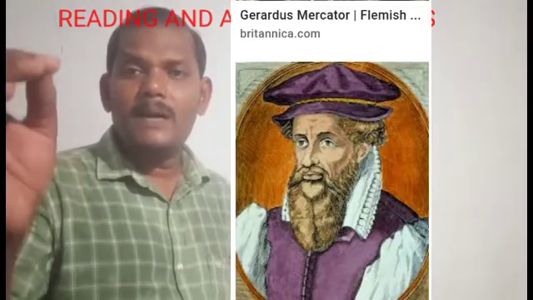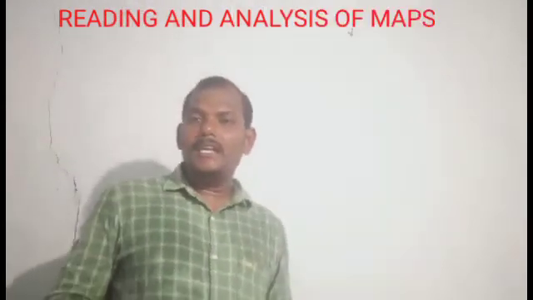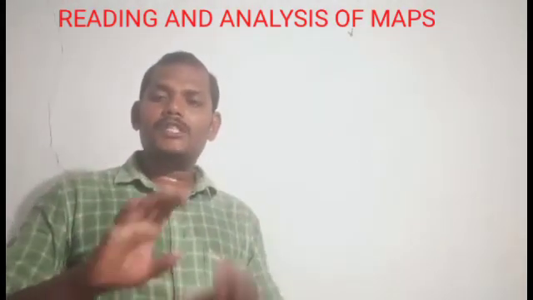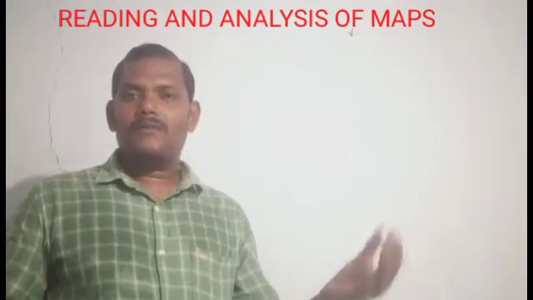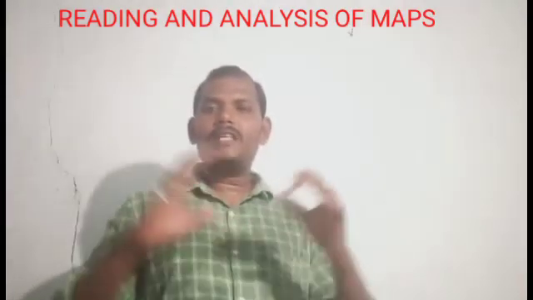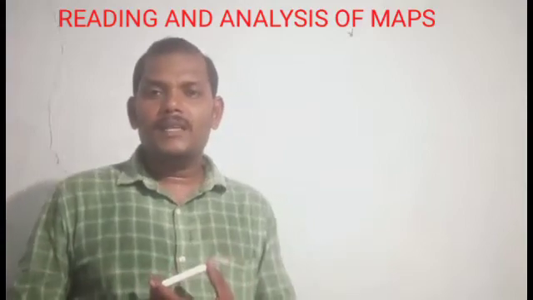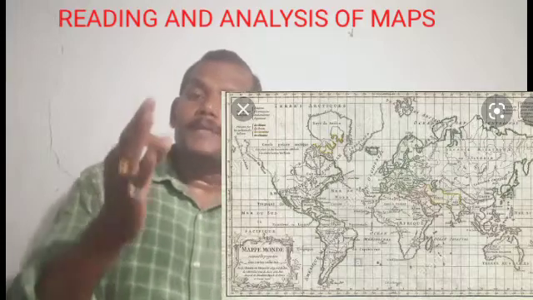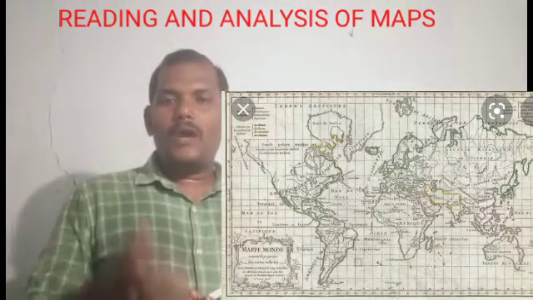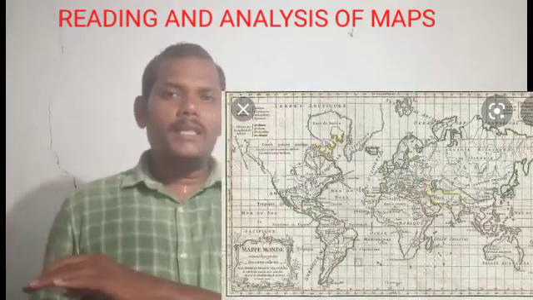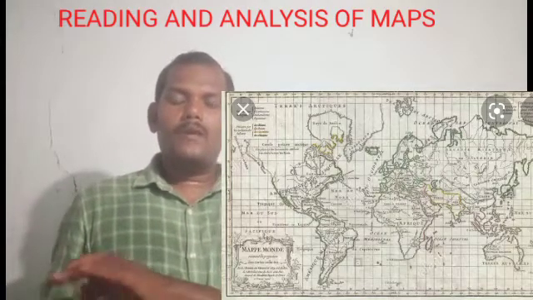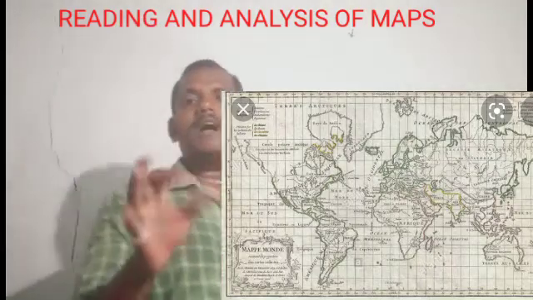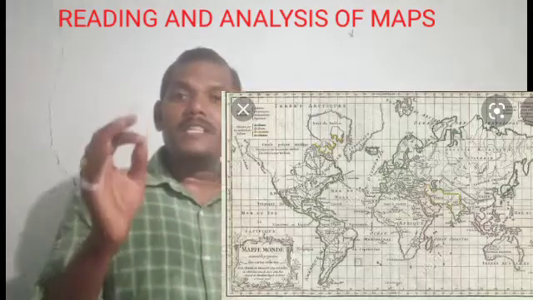The surface of the earth is totally shown in the map. That's why it is called a projection. It means the round-shaped earth is shown on a flat area. What is the meaning of projection? One form of object is shown in another form; that is called a projection.